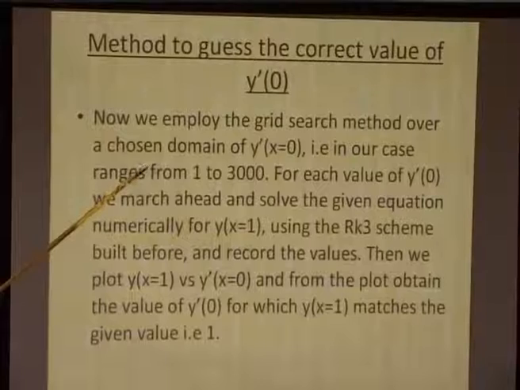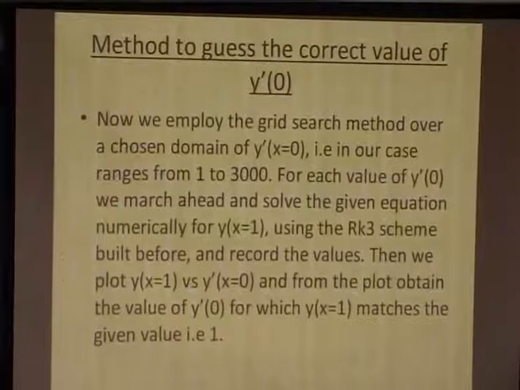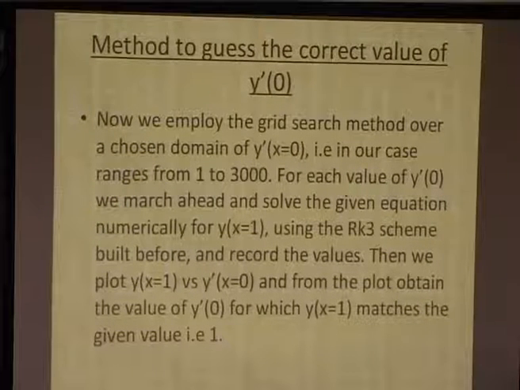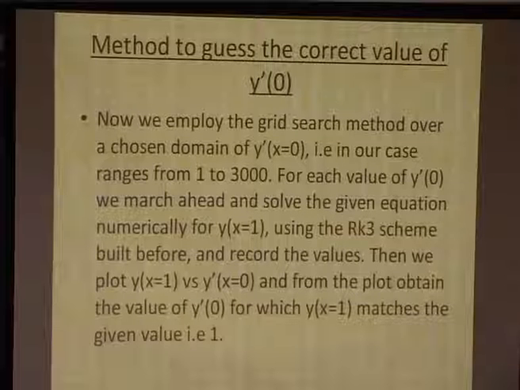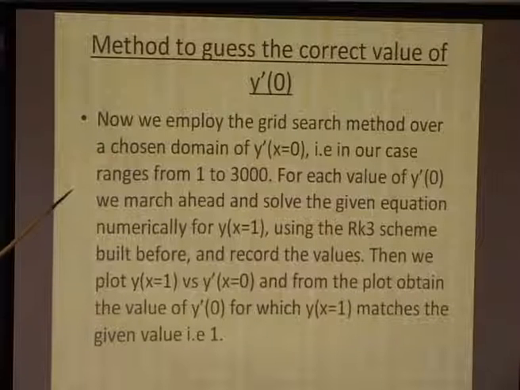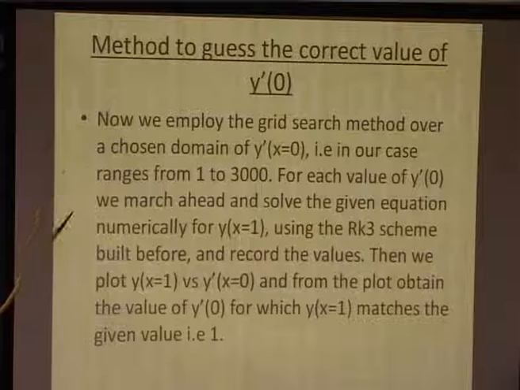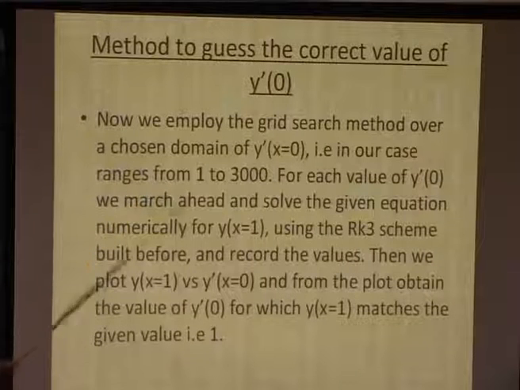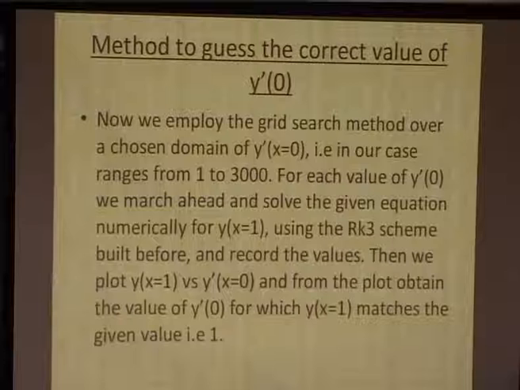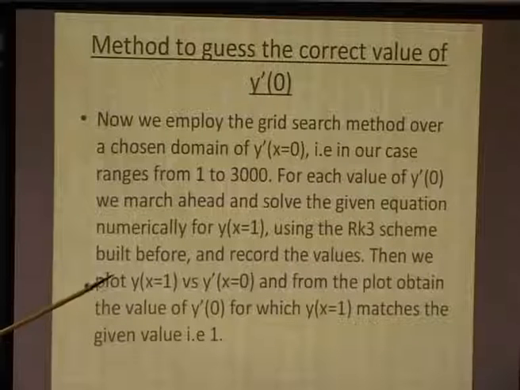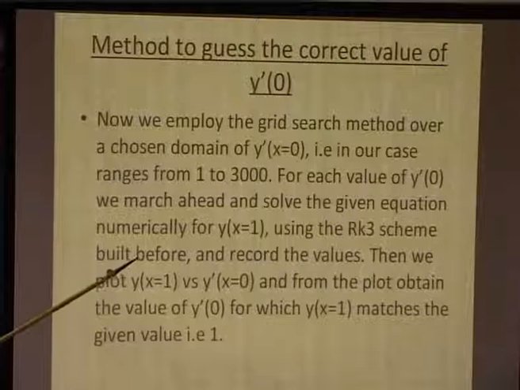We chose this domain because the exact solution gives y prime at 0 to be around 2715. For every value of y prime we obtained the value of y at x equal to 1, and with the shooting method, if it matches, then it's better, otherwise we go to the next value.